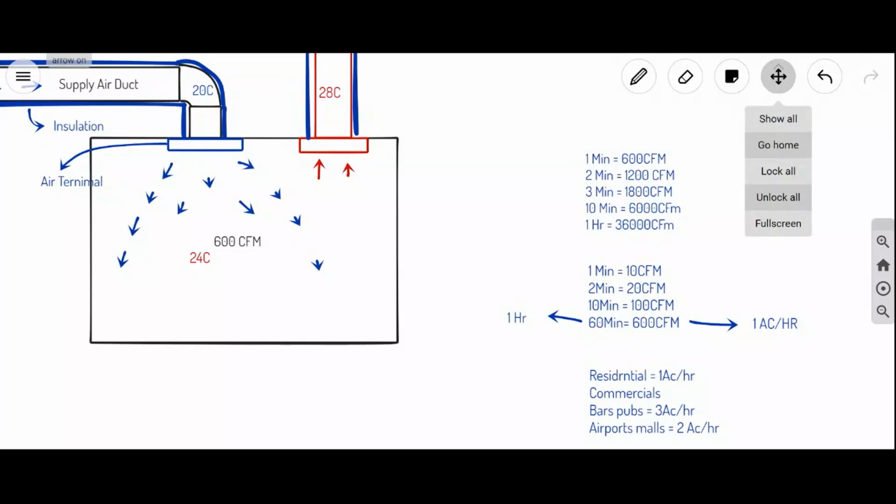Now here 600 CFM is replaced with 600 CFM in 1 hour, right? Right, sir. So how many times is it replaced? Only one time. 600 CFM is replaced with 600 CFM only one time, which is called 1 air change per hour.